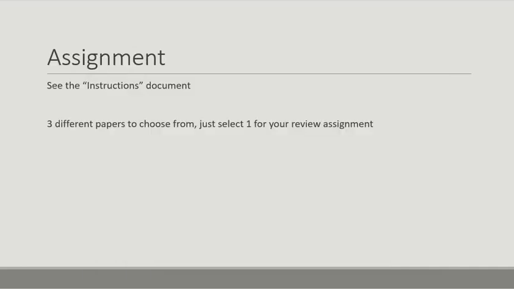So, see the instructions document. There are 3 different papers to choose from. Just select one for your review. And again, my apologies, I do not have papers that reflect the diversity of the professions within this class.